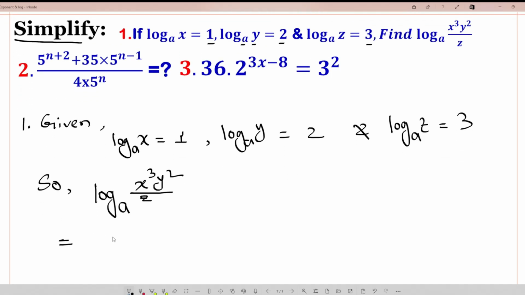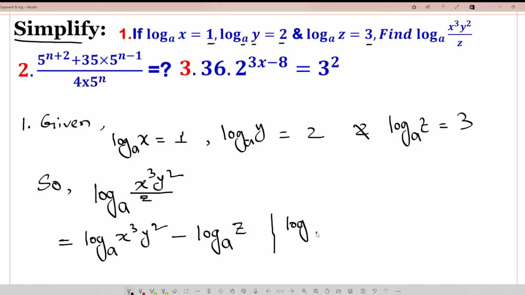This one we can write like log a base x cubed y squared minus log a base z. How can we write this one? Because we know log a base m divided by n means log a base m minus log a base n.